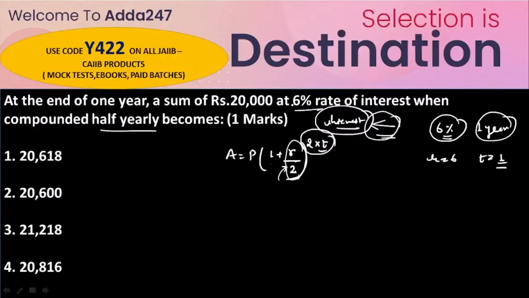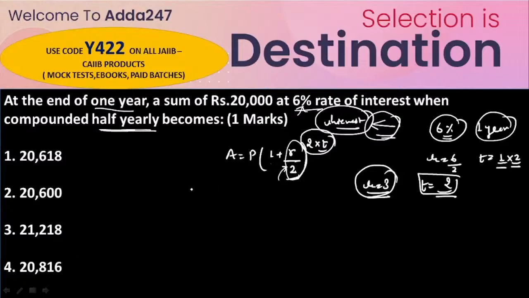That means whenever the interest is compounding half yearly, just divide by 2 in the rate of interest and multiply by 2 in the time period. So if the rate of interest is 6%, just write here r is equal to 3, and the time period would be equal to 2.